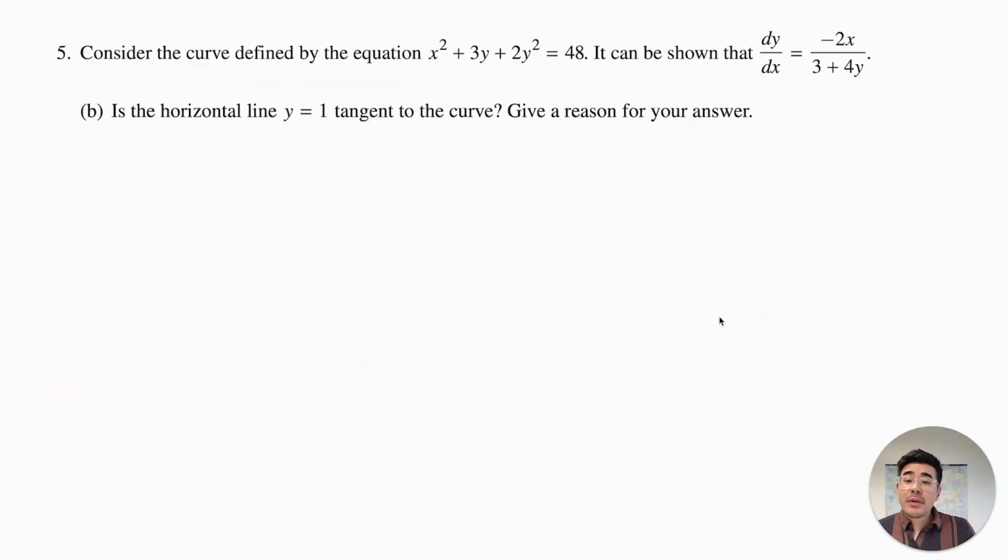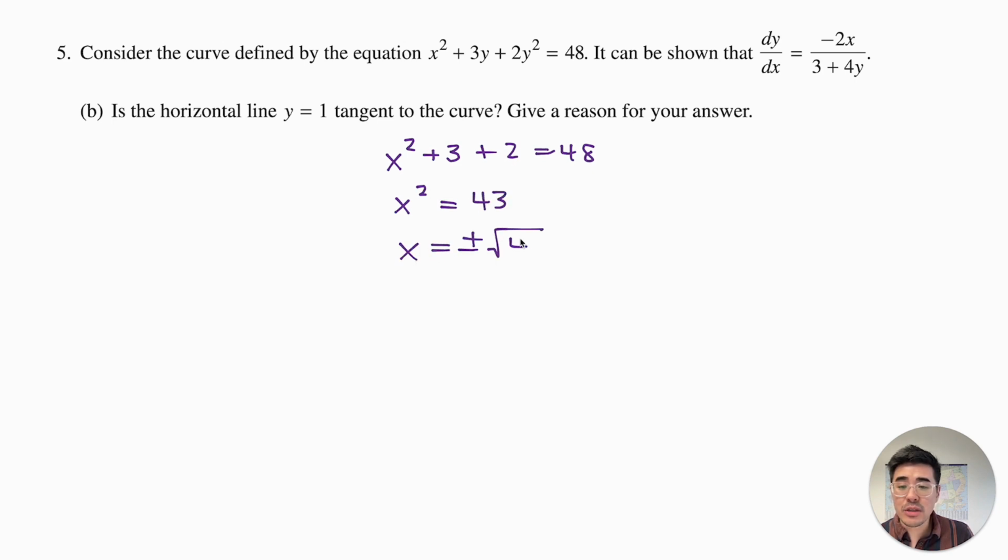Now, another way we can think about this question is to work backwards, right? Is the horizontal line y equals 1 tangent to the curve? If it's tangent, that means it touches the curve. So we can plug in 1 for y. So it'd be x squared plus 3 plus 2 is equal to 48. Then x squared is equal to 48 minus 5, which is 43, and x would equal plus or minus root 43.